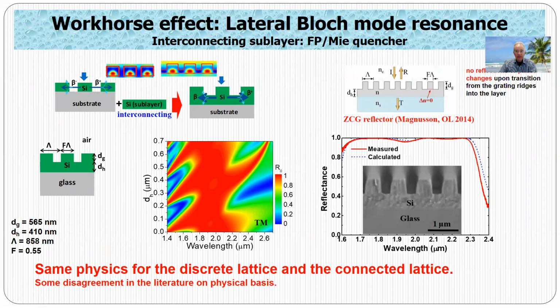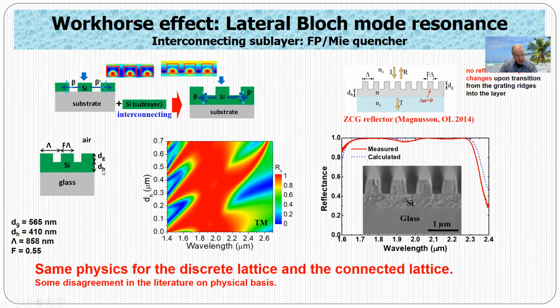The workhorse effect is the lateral Bloch mode resonance phenomenon. Here we just summarize the fact that discrete photonic lattices shown here behave similarly to connected photonic lattices noted there. So if we take what we call a zero contrast grating, there's no contrast here, and compute for typical parameters the reflectance R0, measured on this color scale, as a function of the wavelength and the homogeneous waveguide thickness shown here, DH.